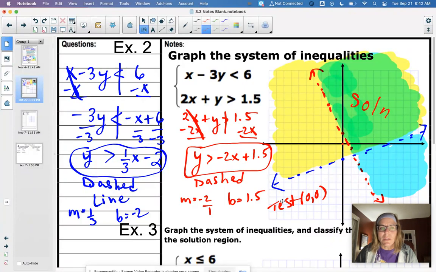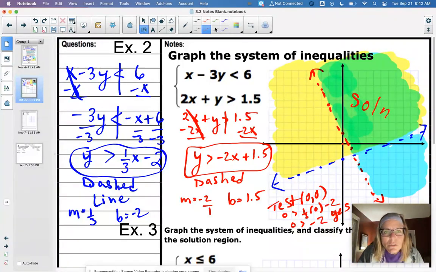You don't have to do this. So if I plug it into the blue equation, I get y is greater than 1/3 times 0 minus 2. Is 0 greater than negative 2? Yes.